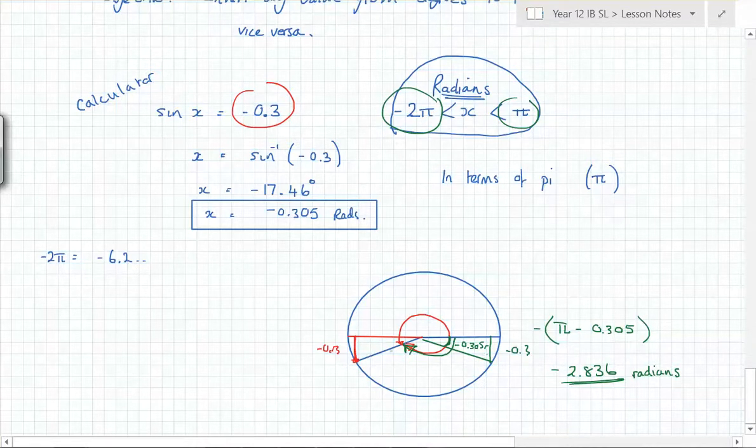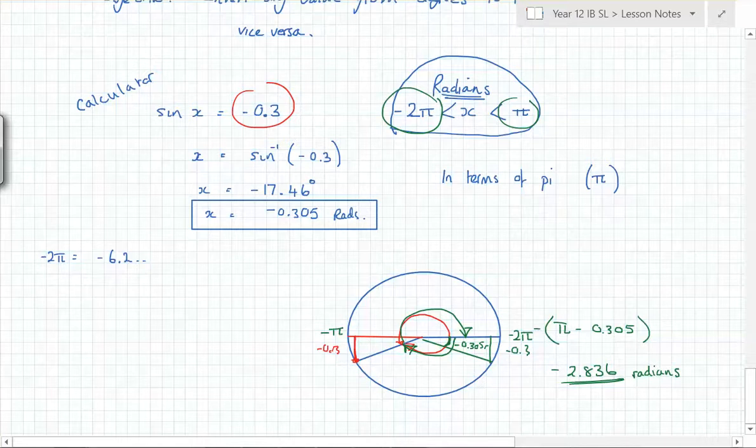I have minus 2.836. Is that all right? Yeah, because if I'm going this way round, that's only got me past minus pi. How far can I keep going in this direction? For another pi? I can go all the way around to minus 2 pi if I go that way.